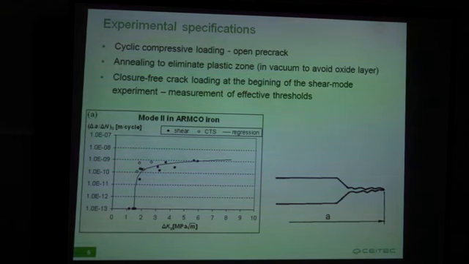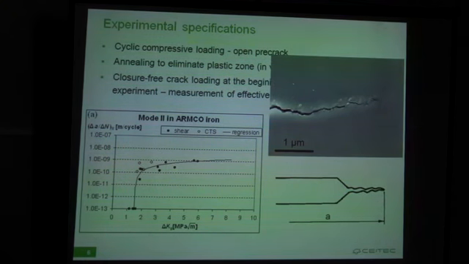So in this case, we avoided the closure effects, and we engineered the specimens to eliminate the large plastic zone in order to avoid its effect, and we tested in vacuum. And then here is a micrograph of such an open pre-crack.